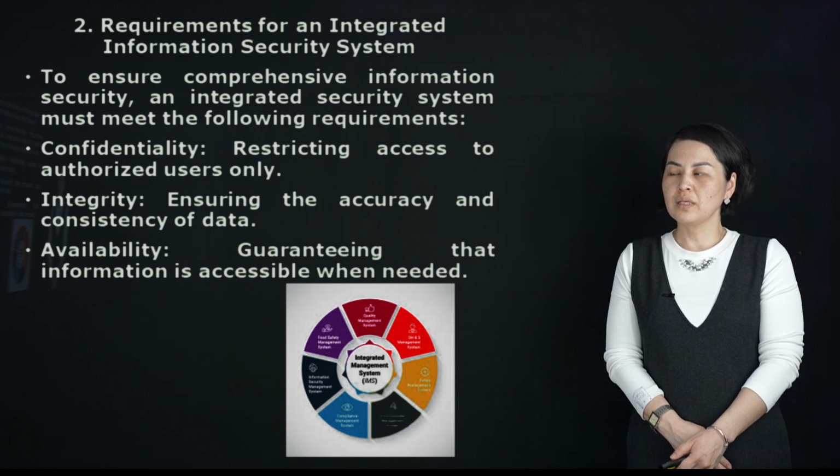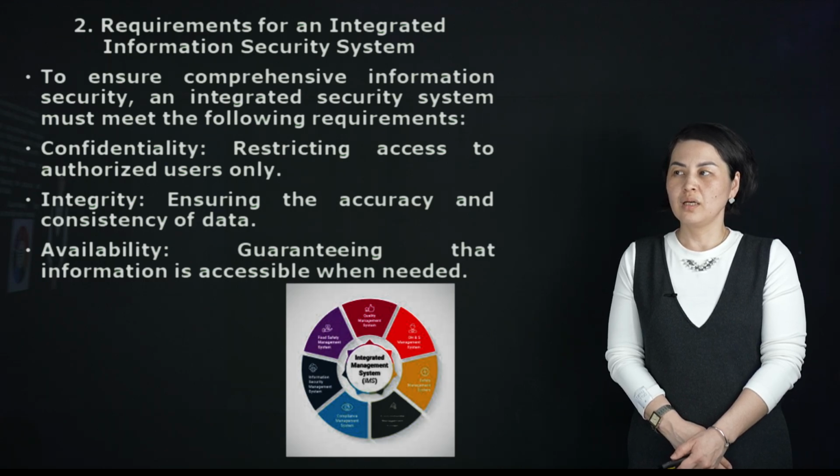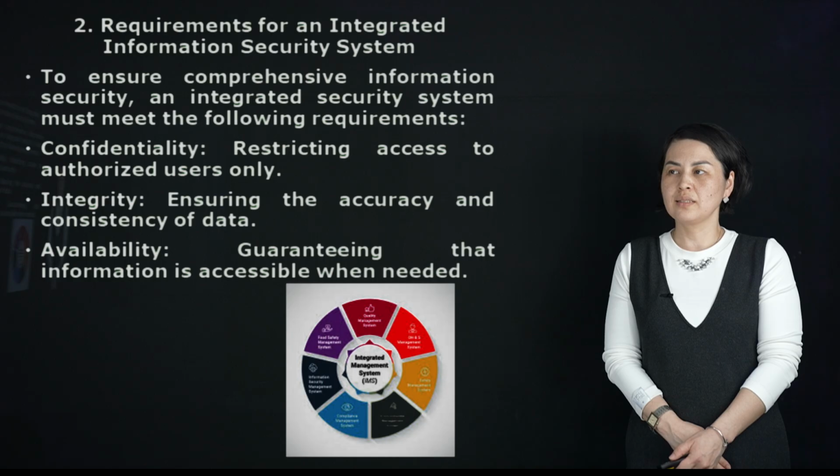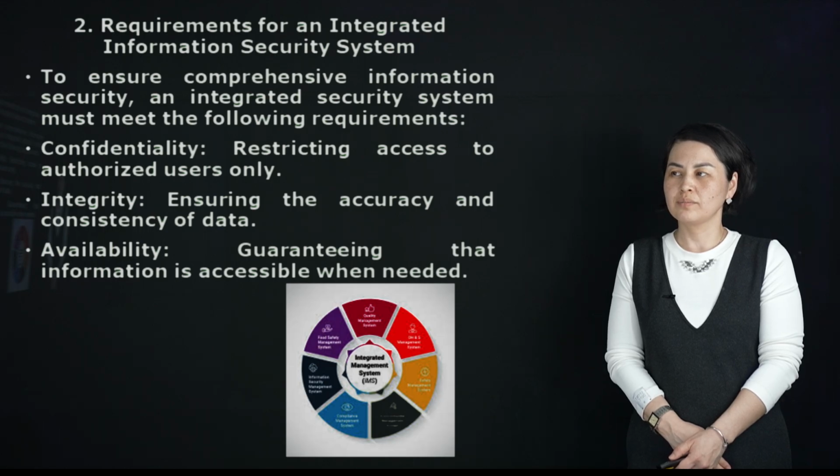The first requirement is confidentiality. What is confidentiality? It's about restricting access to authorized users only. The second requirement is integrity. Integrity is ensuring the accuracy and consistency of data.